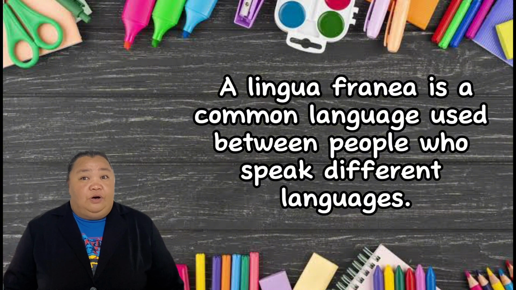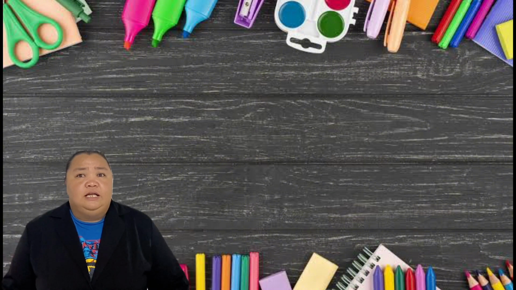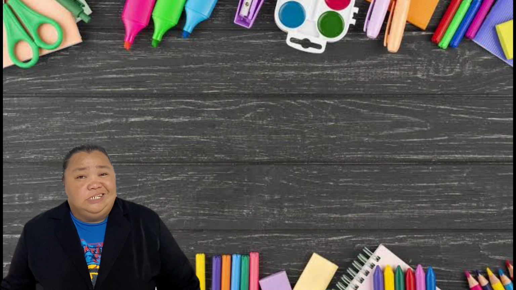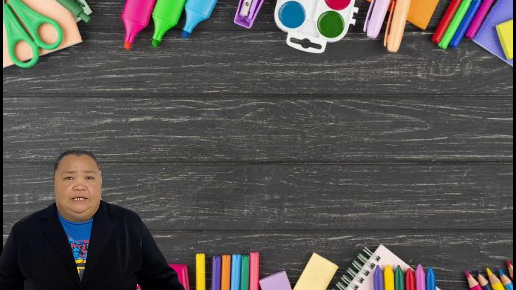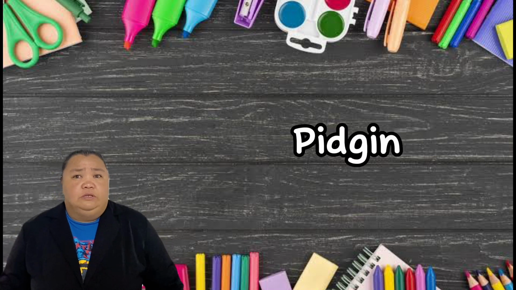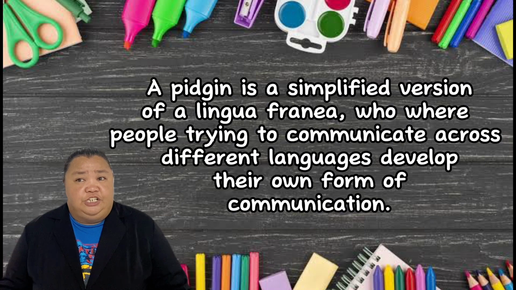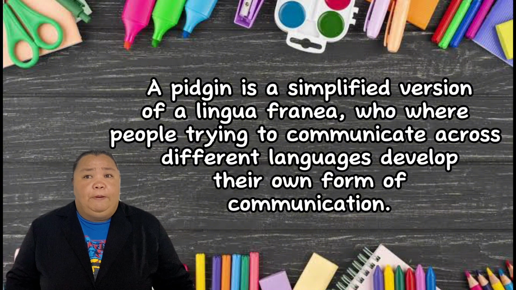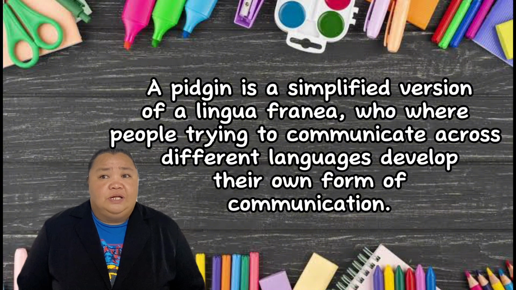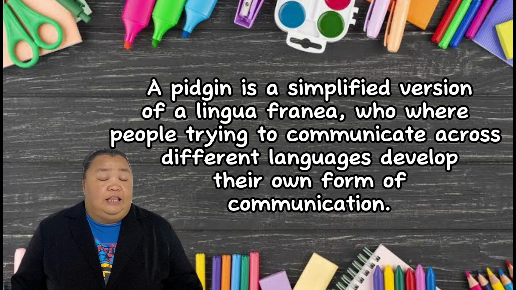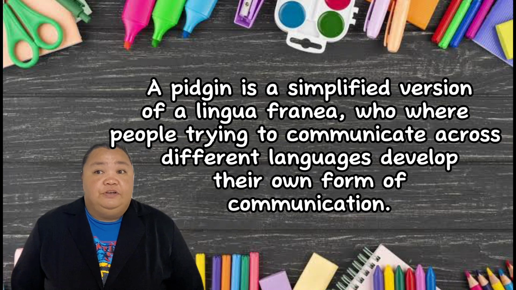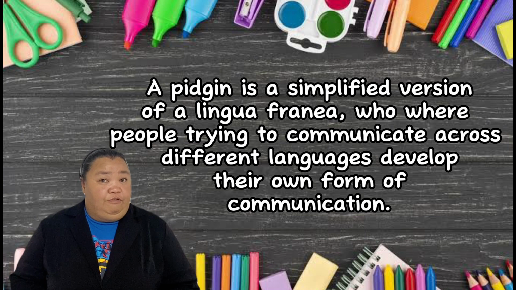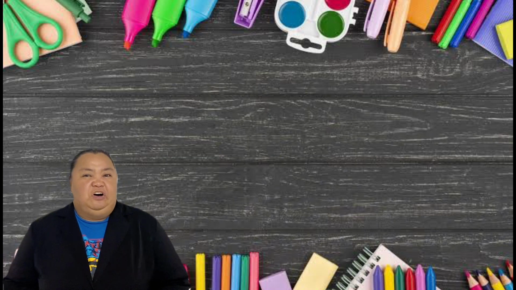We also have a pidgin, not really common, but sometimes we use it. A pidgin is a simplified version of a lingua franca, where people trying to communicate across different languages develop their own form of communication.